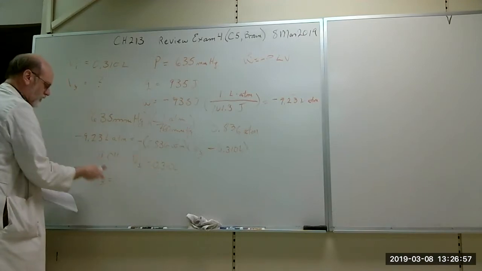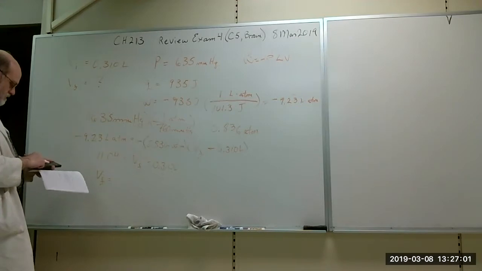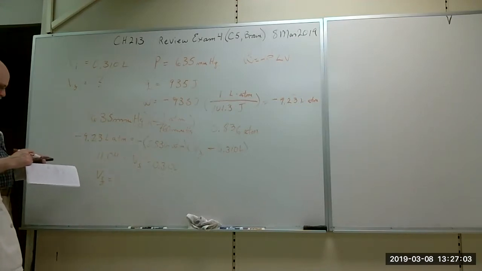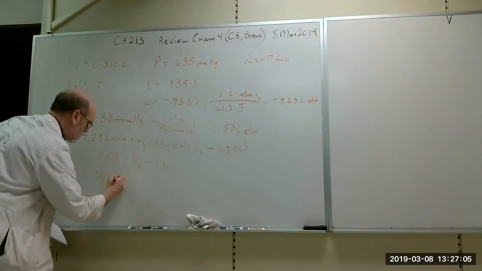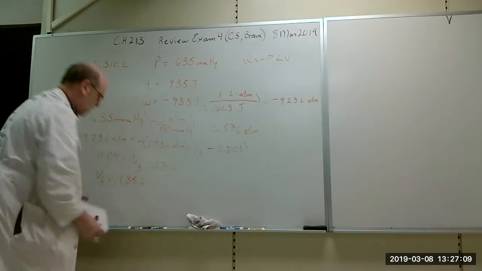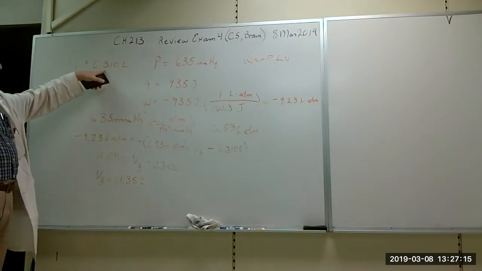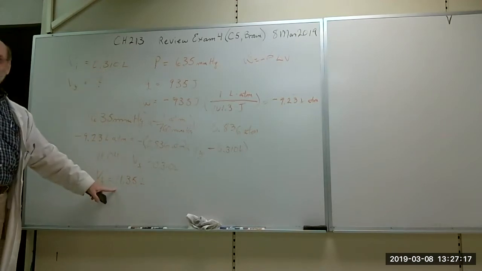That's a negative over here, so it'd be a positive on this side, but add it to that side. We'll get 11.35 liters. So the gas expanded from a third of a liter up to 11 1/3 liters.